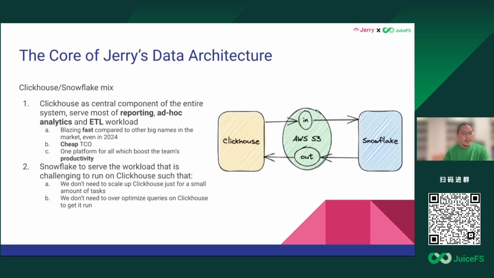In those 1% or 5% of instances where ClickHouse is unable to calculate, we will transfer it to Snowflake for processing. We have a way to smoothly exchange data between ClickHouse and Snowflake, and we predominantly utilize ClickHouse for approximately 90% to 99% of all the scenarios we can think of.